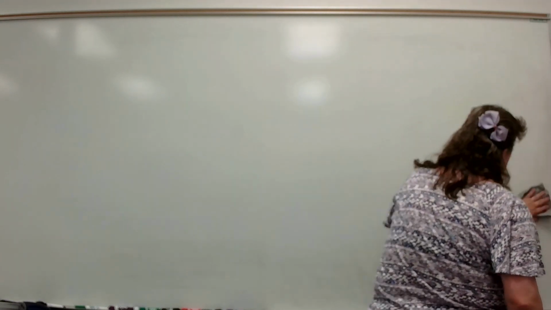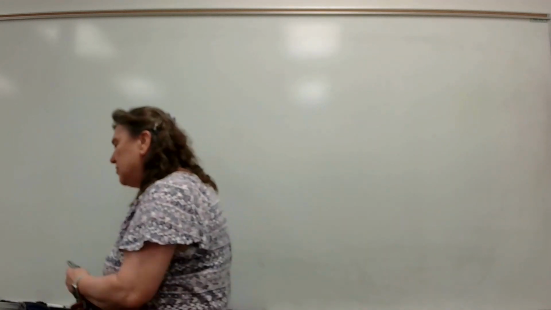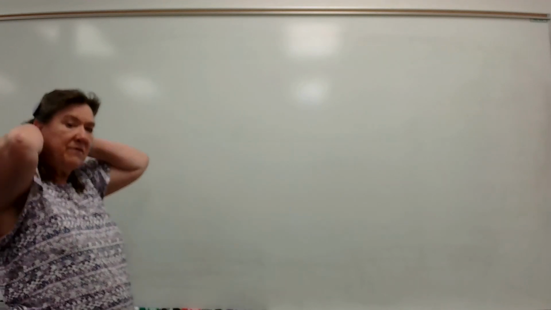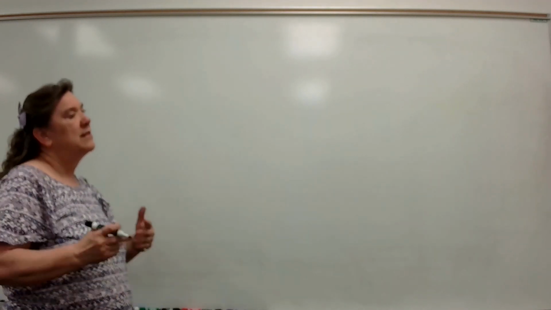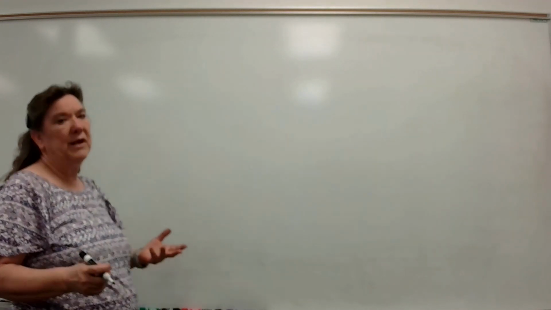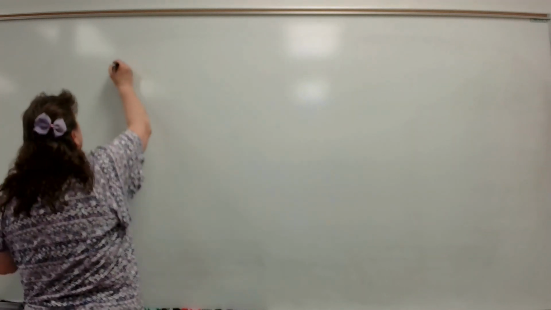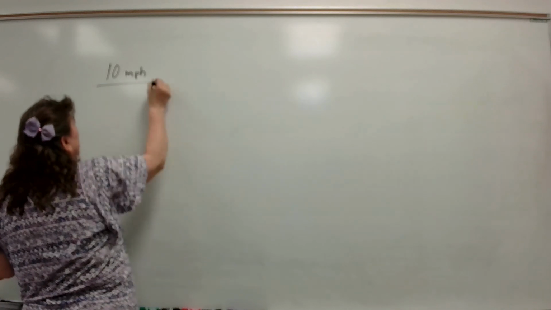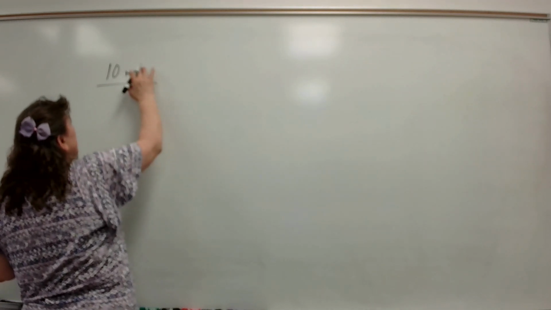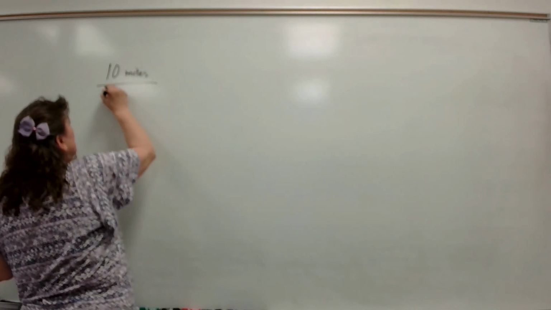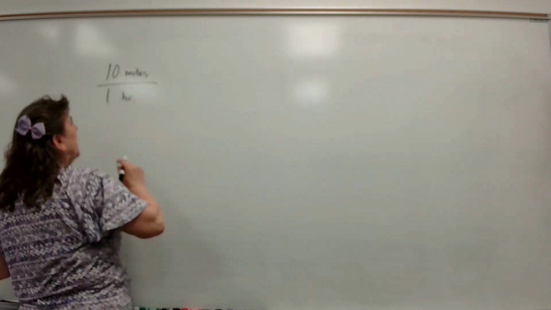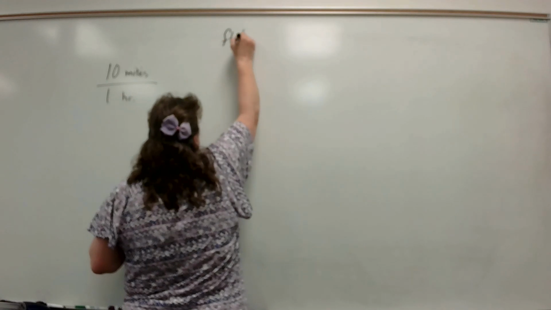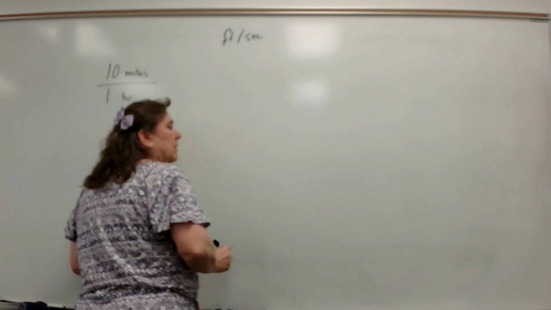But we can take this even to things that we would do in our everyday life. What if I wanted to find out something like if I was going 10 miles per hour, which is 10 miles to 1 hour, and I wanted to know how many feet per second that was, okay?